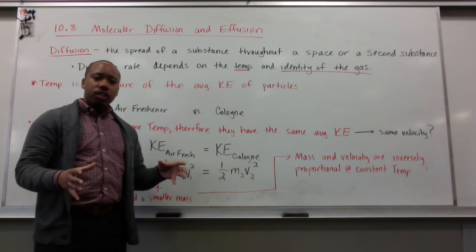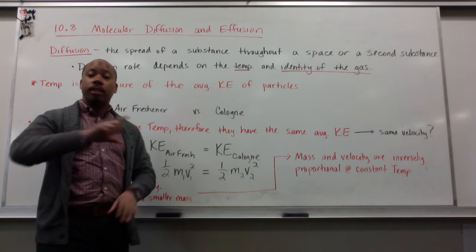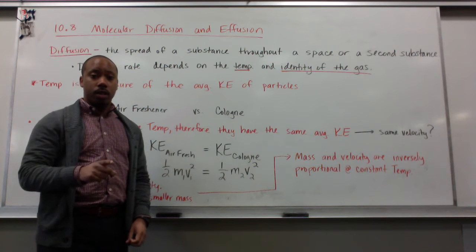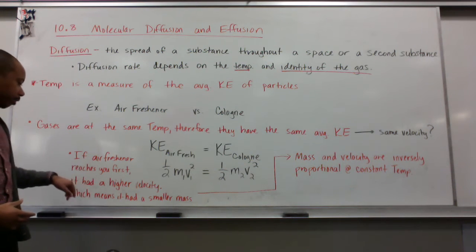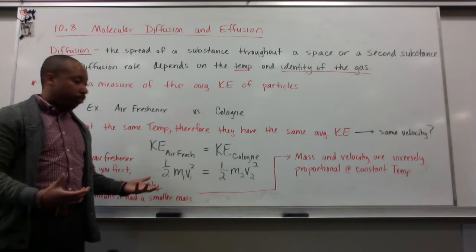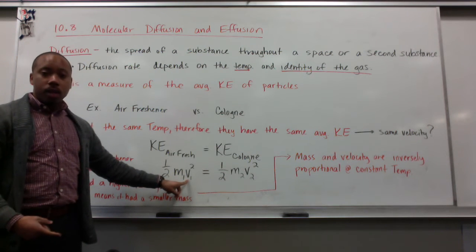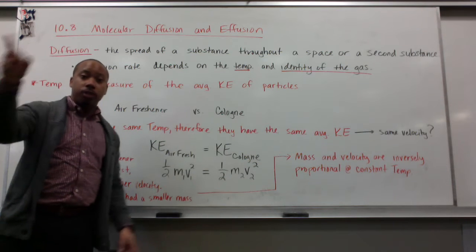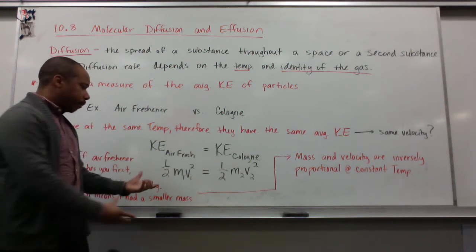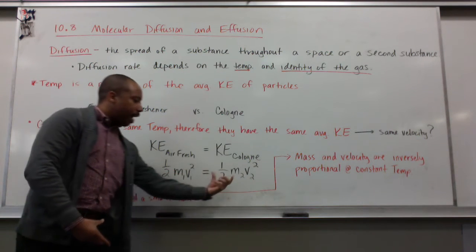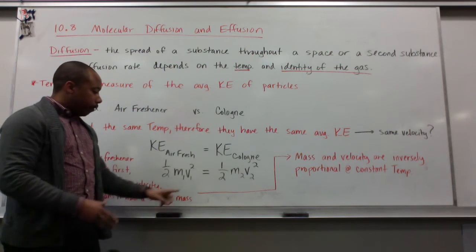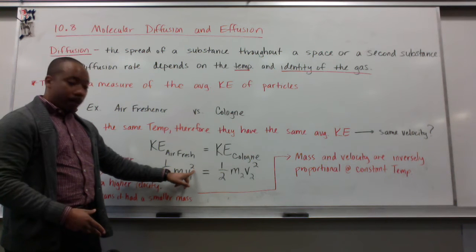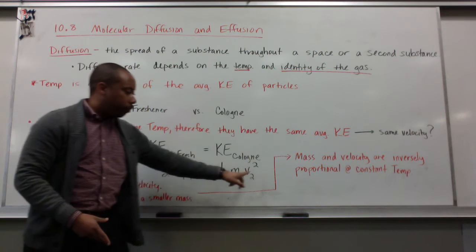Now, let's just say, I'll give you the answer, the air freshener gets to you first. Then what does that mean? If the air freshener reaches you first, that means it had a faster velocity, right? This V here was higher than that V because it reached you first. In order to keep this side of my equation and that side equal, the same value, if this V is large, that must mean this V was smaller.